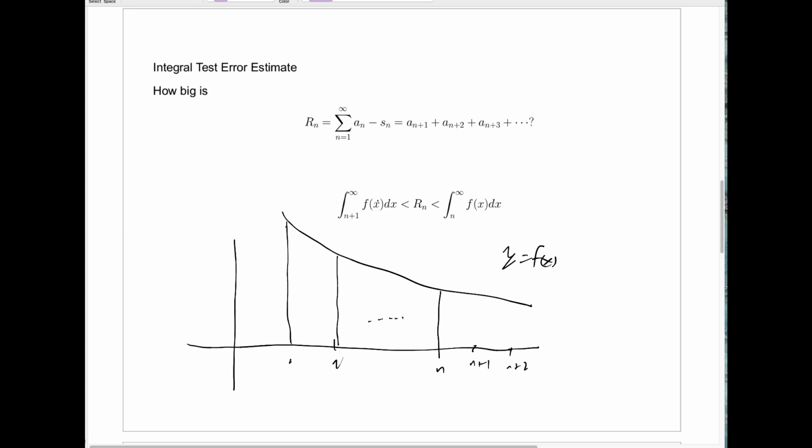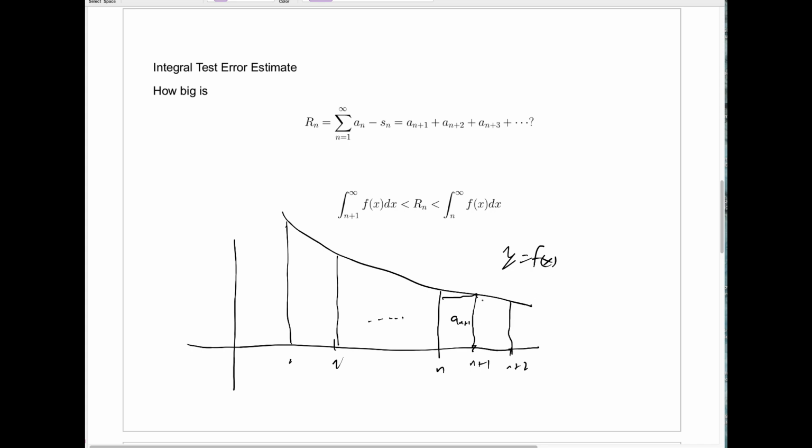Now, let's start with the right side here. R sub n, which is the sum of a sub n plus 1 plus a sub n plus 2, etc., can be seen as the sum of the areas of the following rectangles. The y coordinate at this point is a sub n plus 1, and since the base again has width 1, this rectangle has area a sub n plus 1.